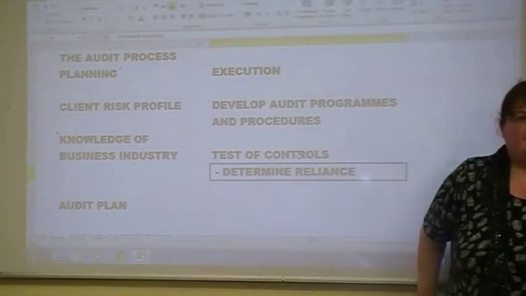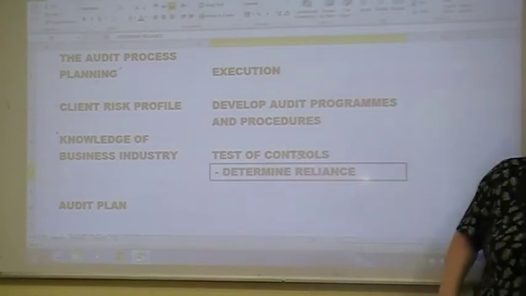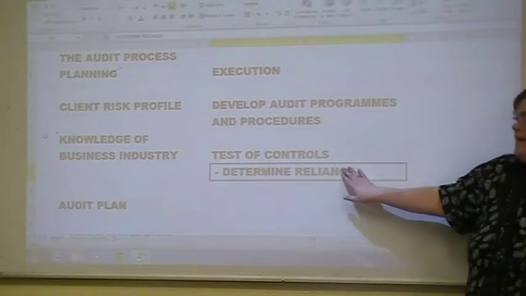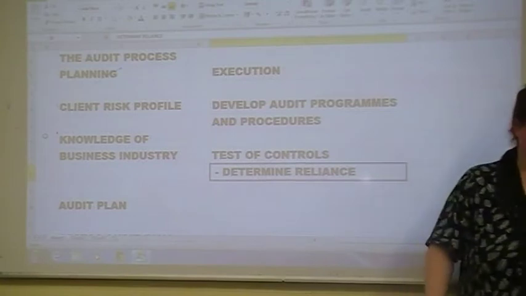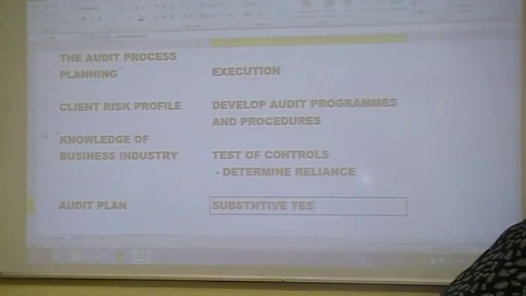So we're going to test them to see can we actually rely on the controls the company has set up. And if we can't rely on the controls, we're going to have to do the next thing, which is substantive test.